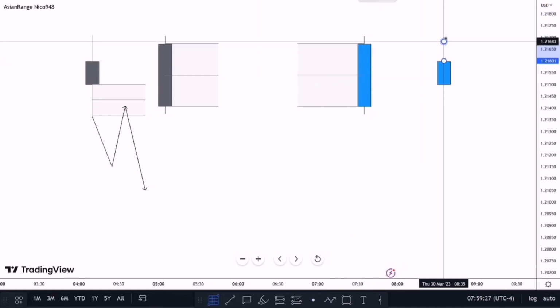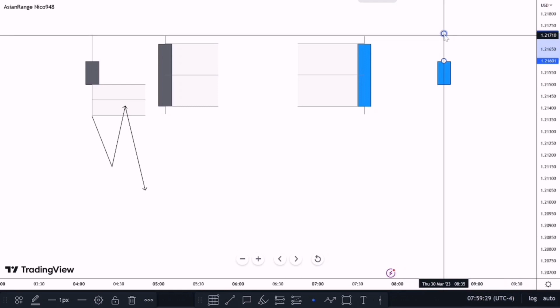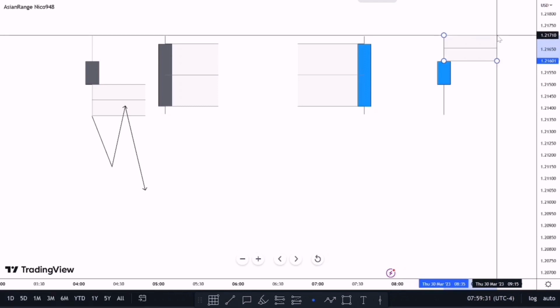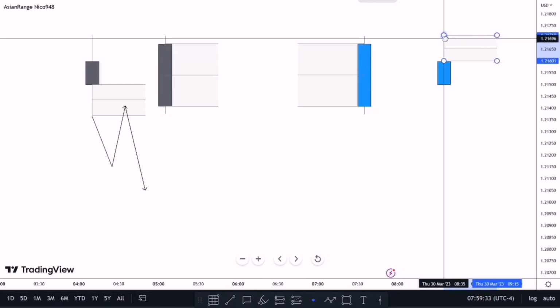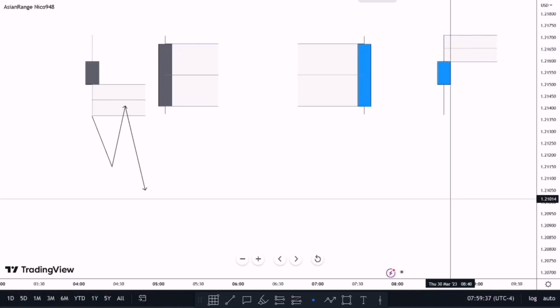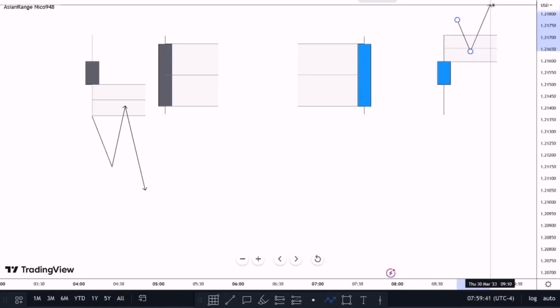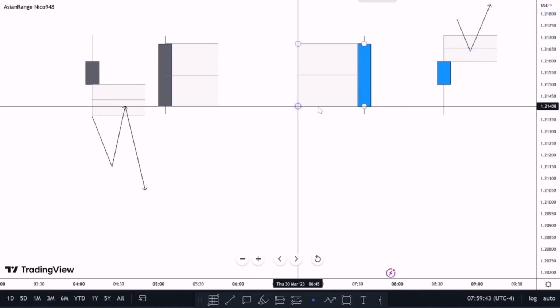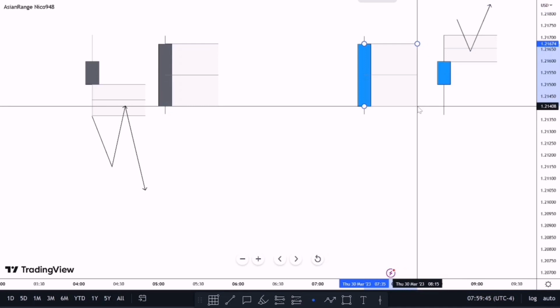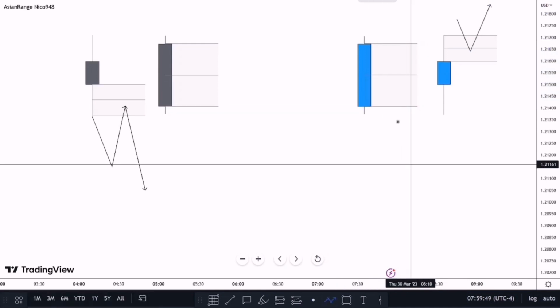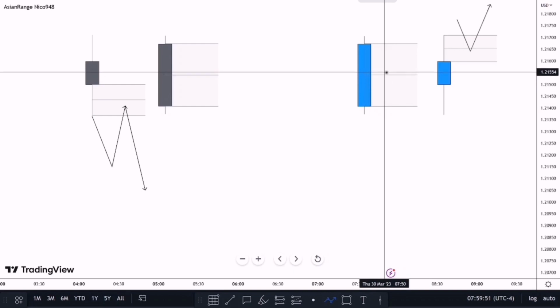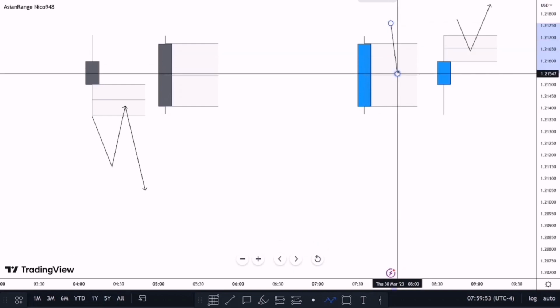For the wick of this one, we're going to look at the high of the body this time, not the low, and the highest wick. We are waiting for price to come back into the zone, hit the 50% and continue up. So this is basically what we are looking for when we are looking for our bearish and bullish breaker blocks.